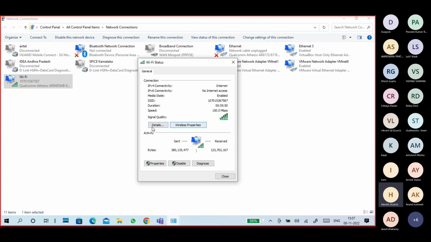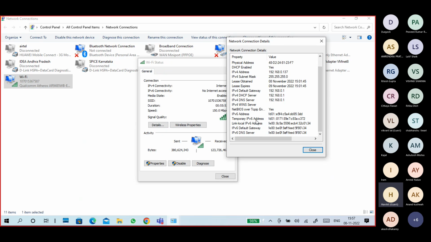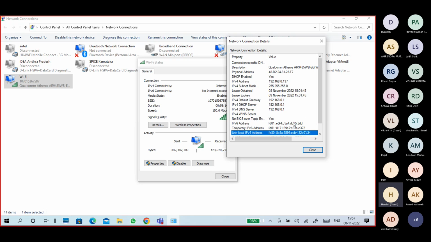If you see, I have a link local IPv6 address, FE80 colon something. It came based on my PC's MAC address. My system calculated and assigned an IP address like this for my NIC.